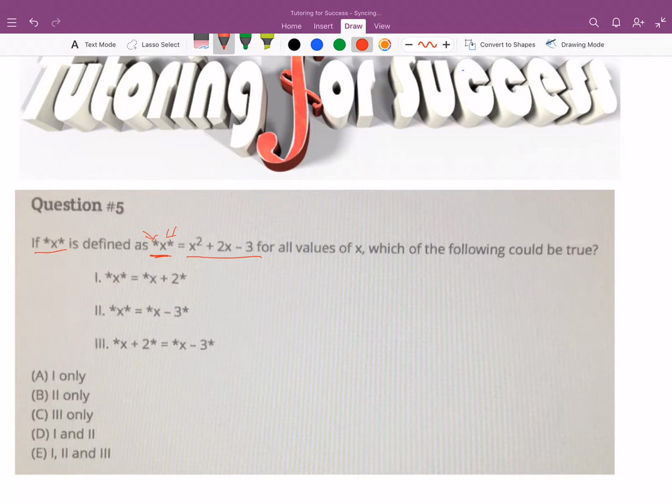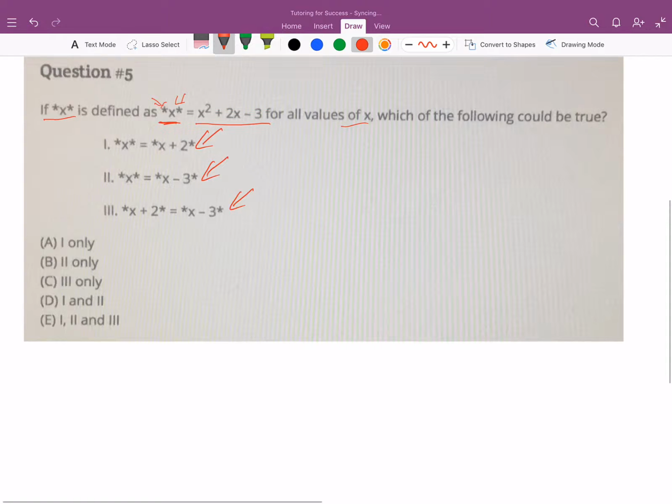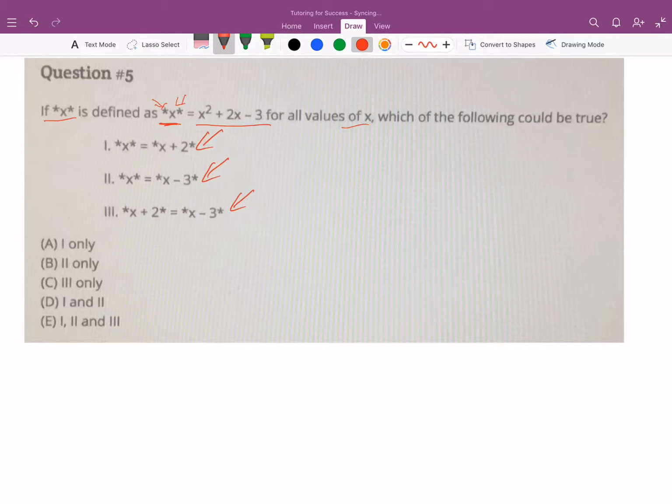So there are many values of x, but I also have three different equations, and I need to find if these three equations are true. In this problem, we are not going to be using any specific formula. It is all just concept, which is right here.